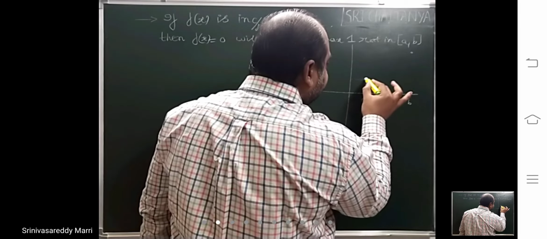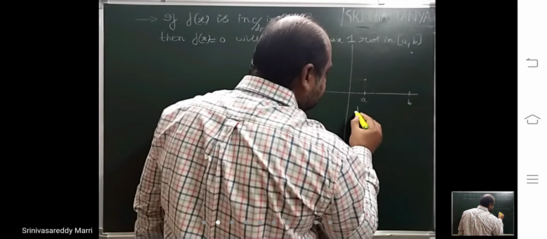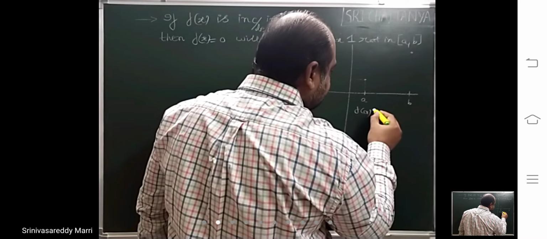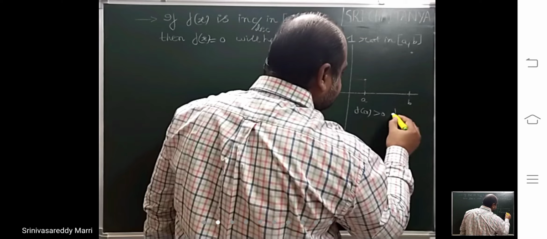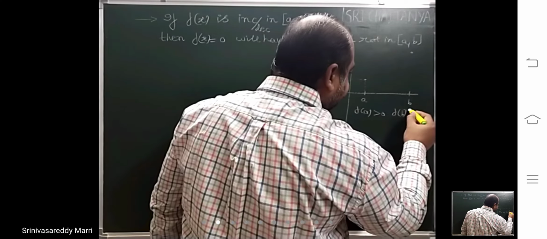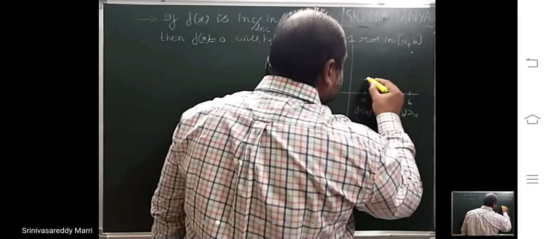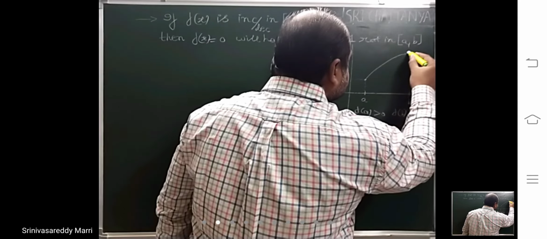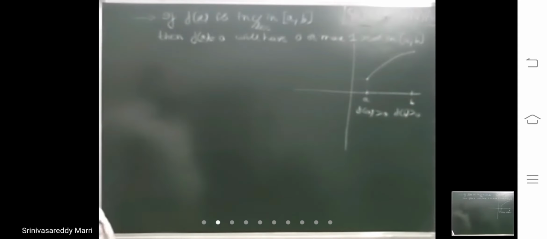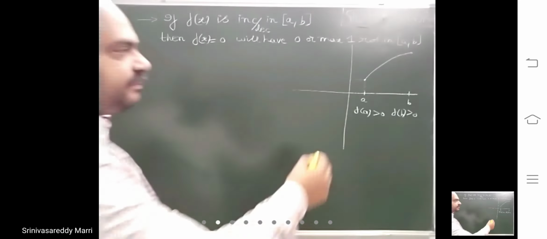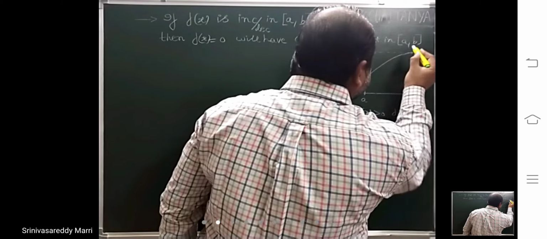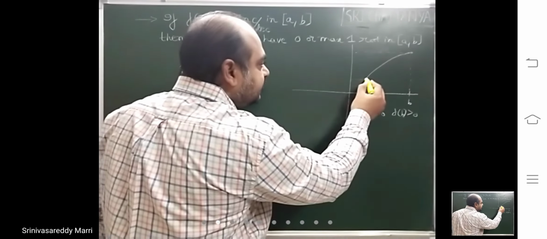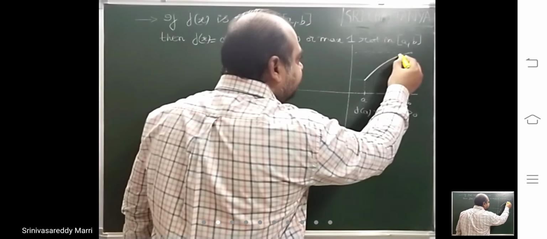Then f of A positive here. F of A positive. F of B positive. Look at here how the graph is. Like this it can be. That means from f of A value is here, f of B value is here. How many roots are there? From here to here graph is increasing.